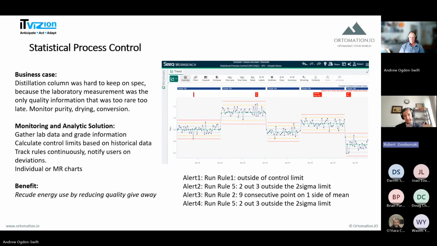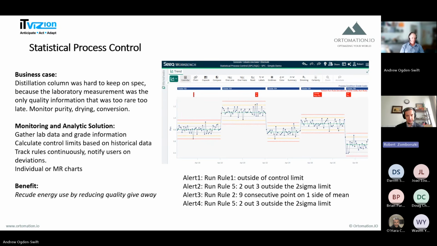But we are not just alerting on the limit breaches, but also we are monitoring low probability events. So we are looking for patterns that have very low probability if the control is working and we are producing the same quality. What can these events be?